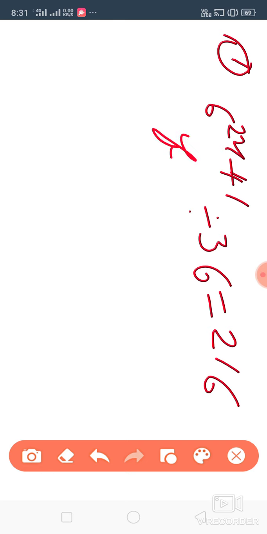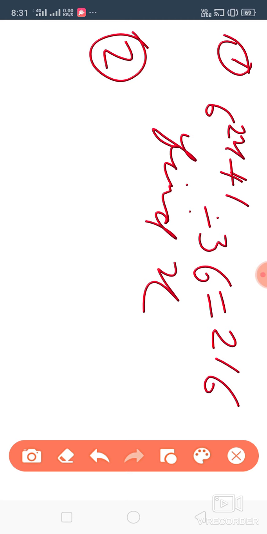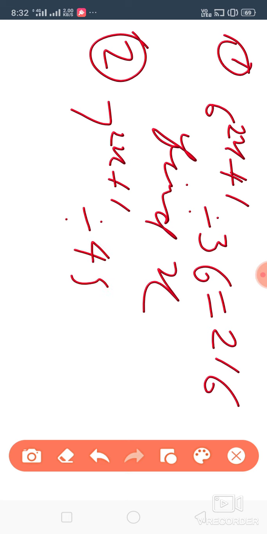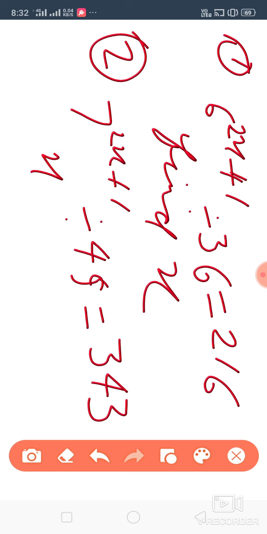You have to find x here. Now the second question: 7 to the power 2x plus 1 divided by 49 which is equal to 343. Here also you have to find x. This is in the same format and you have to find it out.